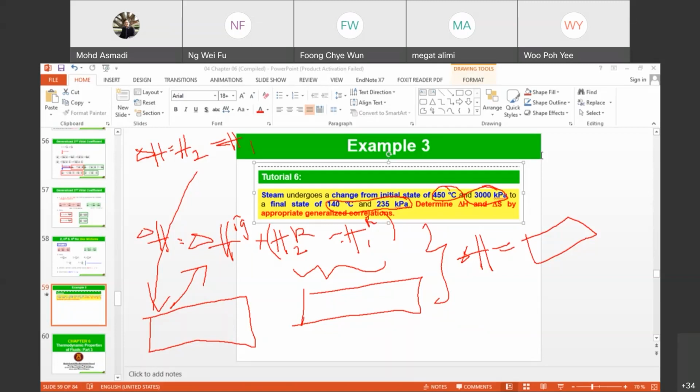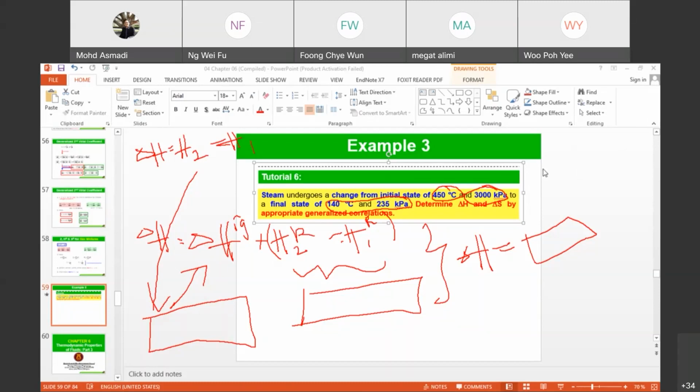So 600.1 times the molar mass of water, H2O, 18 gram per mol. So delta H IG 117, you have to check.